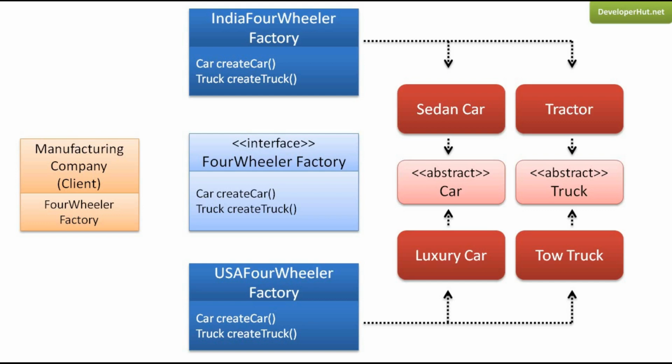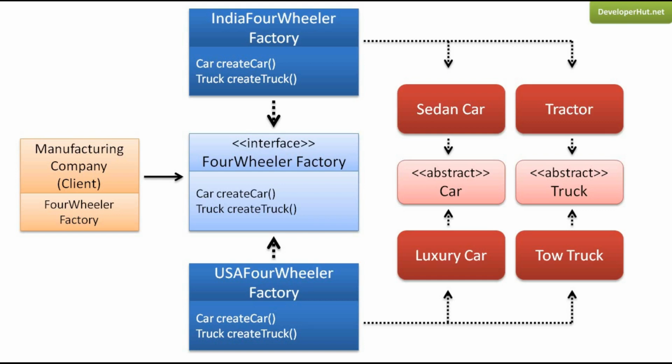And all the four-wheeler factory classes will extend this four-wheeler factory. And the client will use the four-wheeler factory reference to get the different types of cars and trucks in a different region, right? So this will also avoid code duplication in the client region.